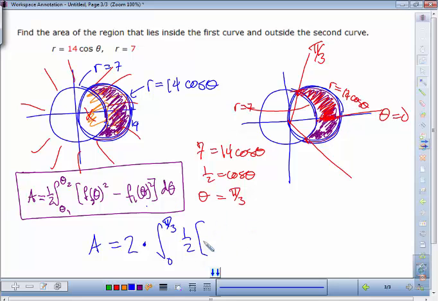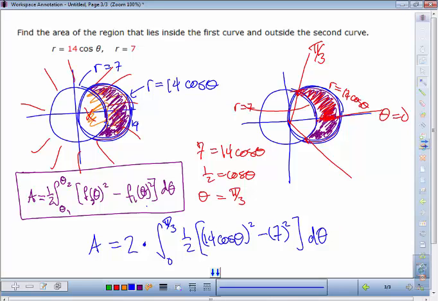The outer function is 14 cosine theta, so let's square that. And then the inner function is 7. Let's square that. And then we have d theta. And then we can just punch it in the calculator and get our answer.